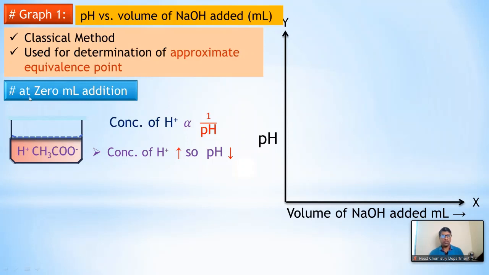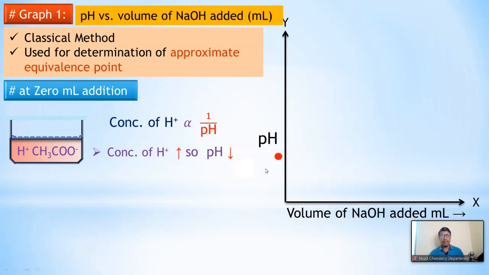As soon as we insert the glass electrode in this beaker, you find some value of pH on the digital pH meter. This value is obviously lower. Why? Because the concentration of H plus ions is more, and if the concentration of H plus ion is more, the pH is low.